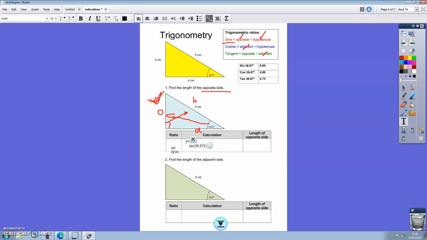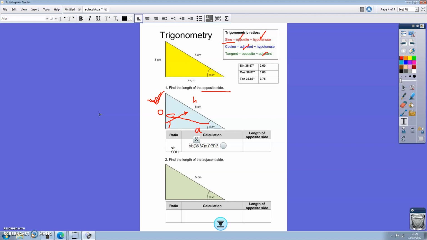And that equals the opposite, which I don't know, divided by 5. So if I need to find what the opposite is on its own, I've got to get rid of that 5. To get rid of that 5, I've got to do the inverse of it, and I've got to multiply.